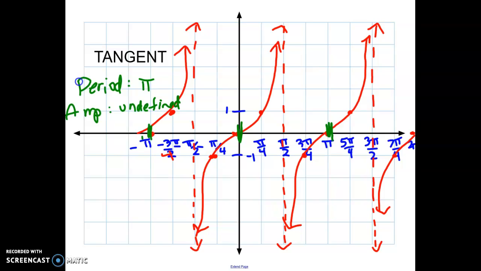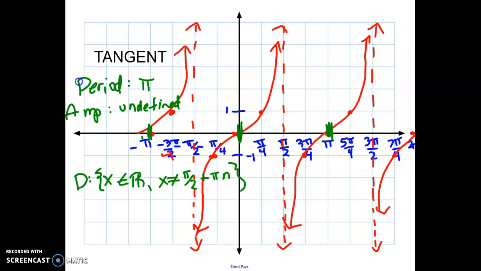Then we're going to go to domain. Now domain is tricky. Okay? The domain is everywhere except what? The asymptotes, right. So I have to say here that the domain is x is an element of reals. But then I also say that x cannot equal pi over 2 plus pi n.